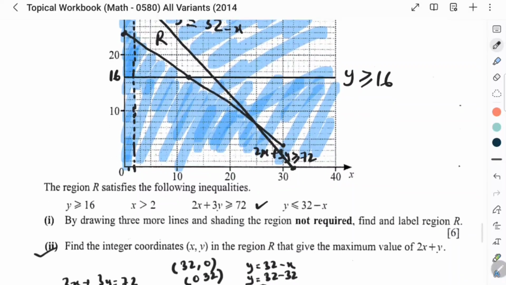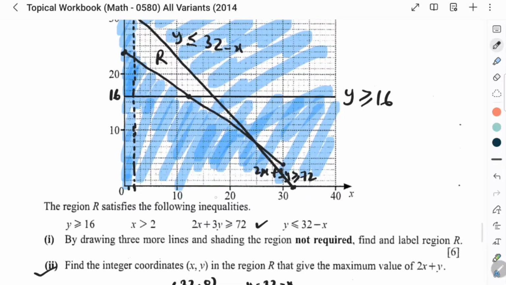So 2 times x plus y. We can see that the coordinate is an integer value, remember it's 16 and 16, and 16 is one of the coordinates which gives the maximum value.